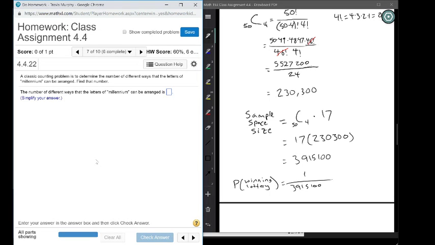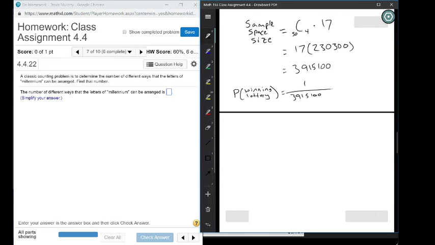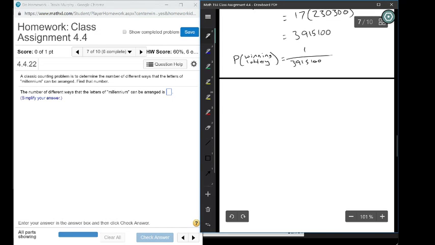Right, next. A classic counting problem is to determine the number of different ways that the letters of millennium can be arranged. So, millennium.